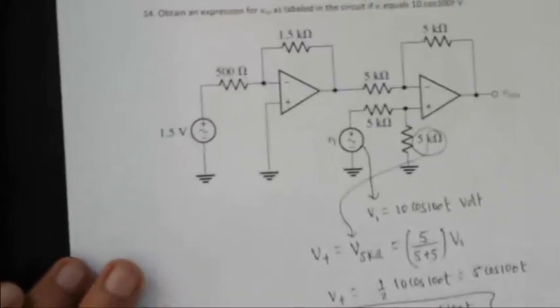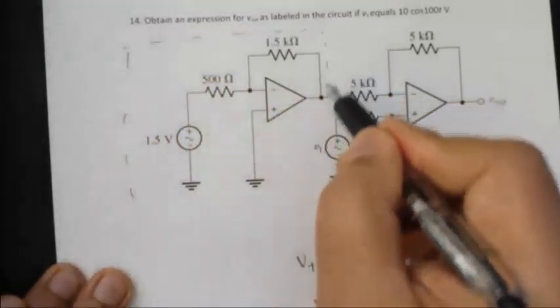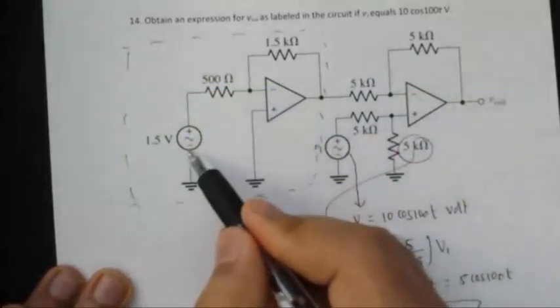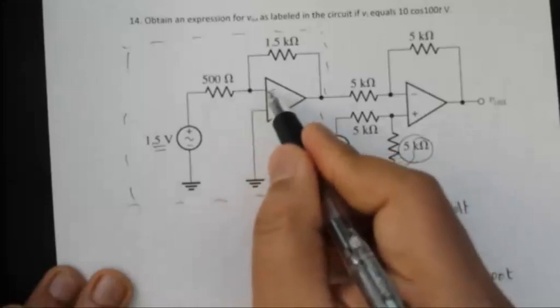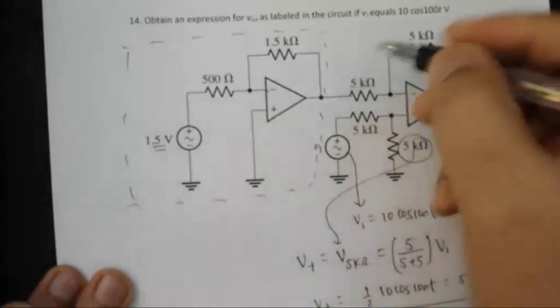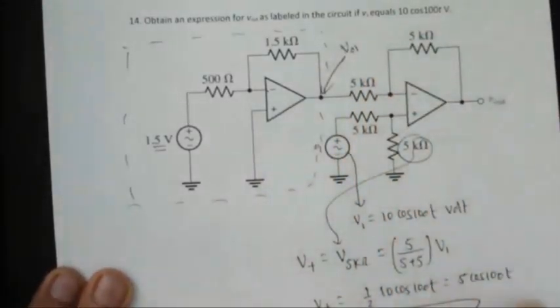Now if you check the first stage, this is the inverting op amp, because the input is applied through the resistor and this is a DC voltage of 1.5 at negative. So let's call the output VO1.